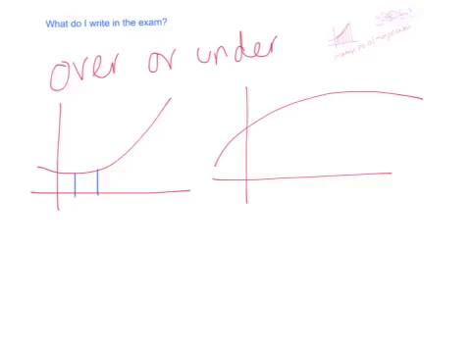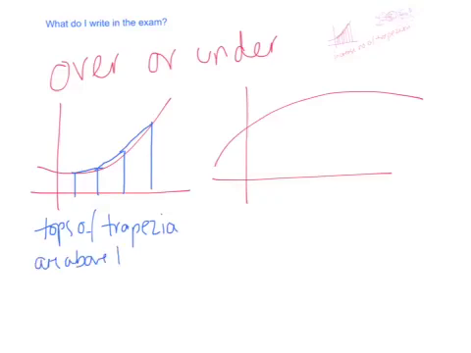Now, if I'm careful and sort of slightly exaggerate it, can you see on this one that the tops of the trapeziums, so this is exactly what you'd write for your extra mark, trapezia, that's the plural, the tops of the trapezia are above the top of the curve, and hence it is an overestimate. The trapeziums are bigger than the curve.